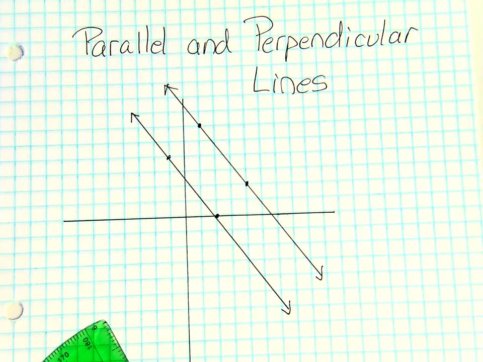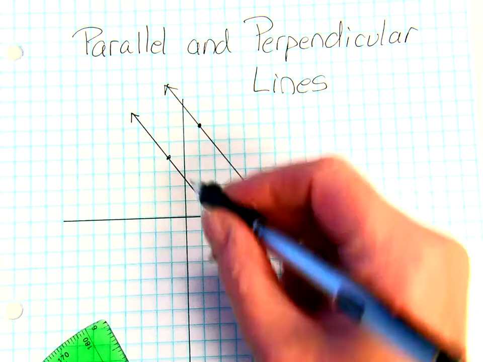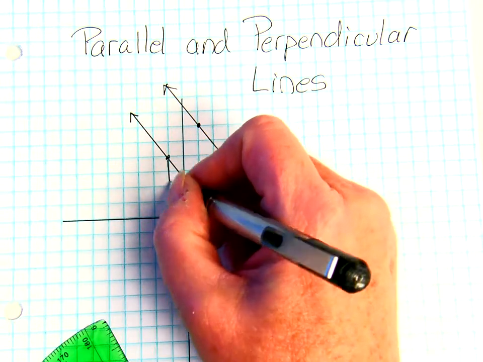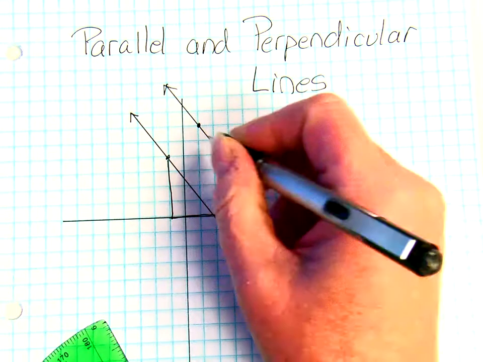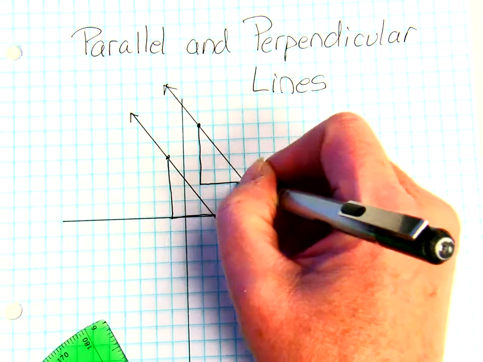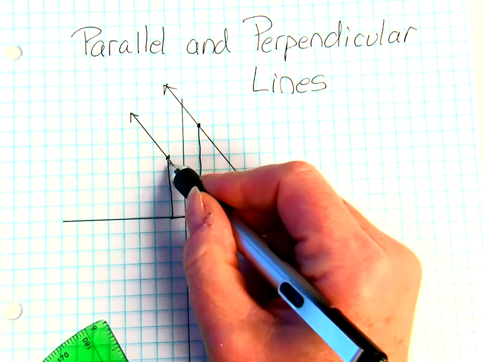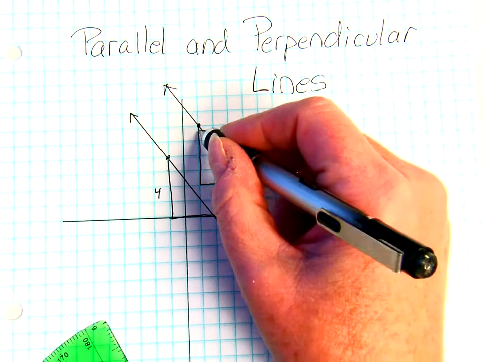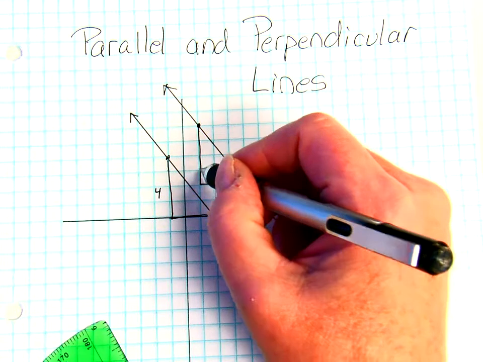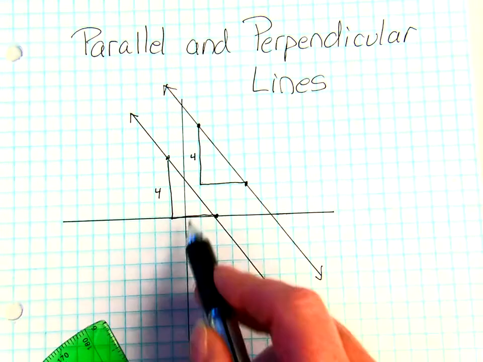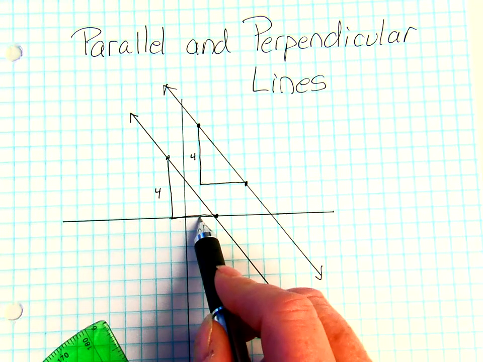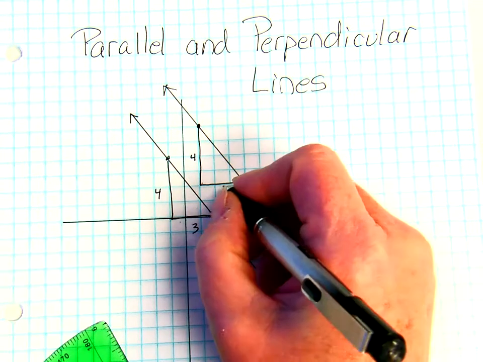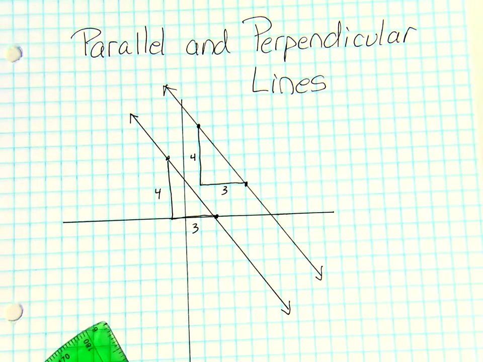What we want to look at is the slope of our parallel lines. If we make our box here and make our box here, what we're going to find is that our rise, 1, 2, 3, 4, is the same as our rise here, 1, 2, 3, 4, and our run, 1, 2, 3 here, and our run, 1, 2, 3 here, are identical.